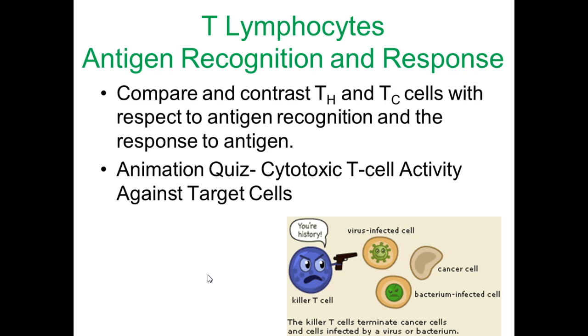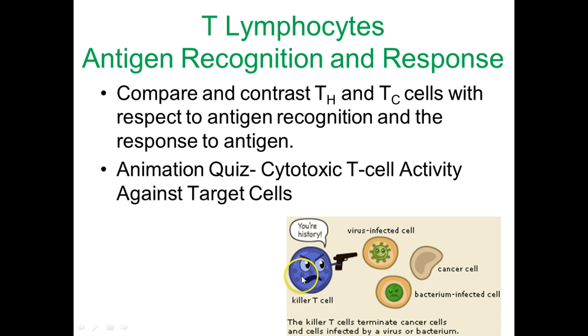So what are the differences that we've noticed between helper T cells and cytotoxic T cells? And what are the similarities? Well, they both have to interact with antigen that's being presented on MHC, whether it be class 2 for helper T cells or class 1 for cytotoxic T cells. I like this little diagram.